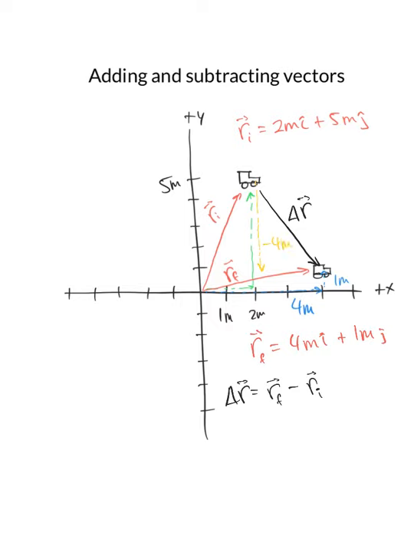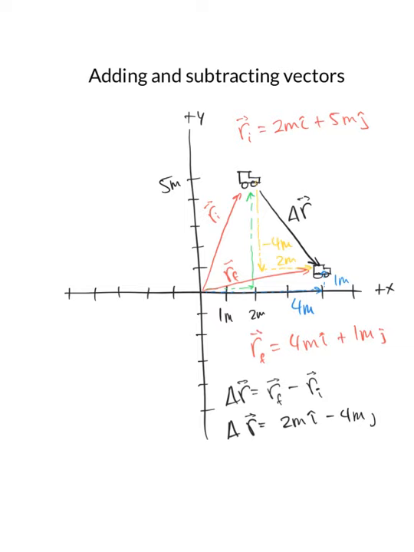And I needed to go 2 meters to the right, which makes me think that I should be able to write delta r as 2 meters I hat minus 4 meters j hat, where the negative sign indicates that I moved in the negative y direction.